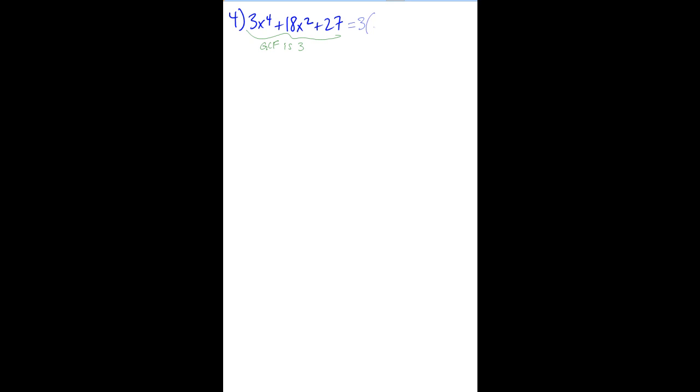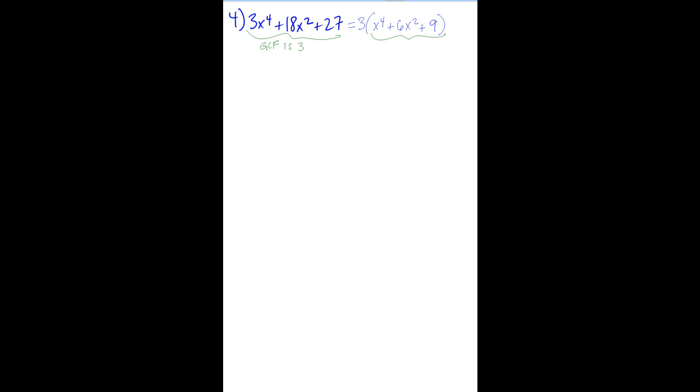If I pull a 3 out front, 3x to the 4th divided by 3 is just x to the 4th. 18x squared divided by 3 is 6x squared. And 27 divided by 3 is 9. So I've simplified it somewhat. But now I need to ask myself, can I do anything to factor this further?